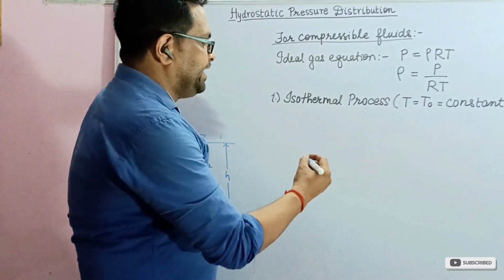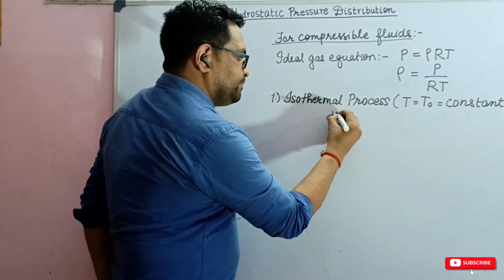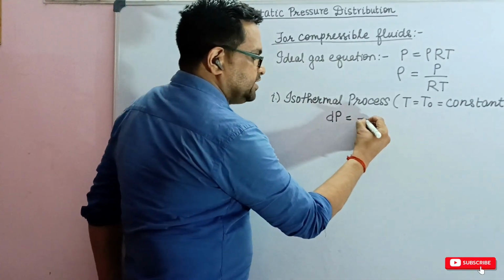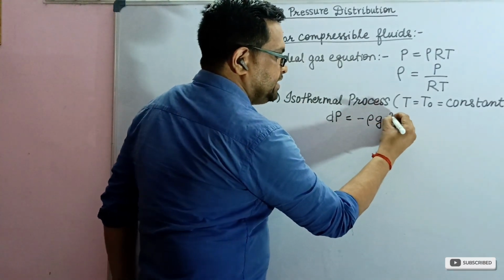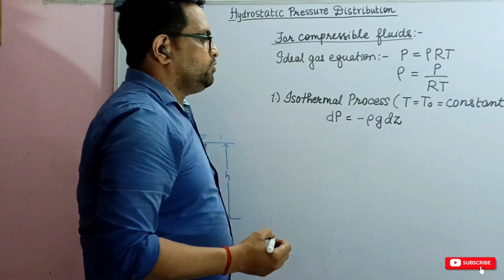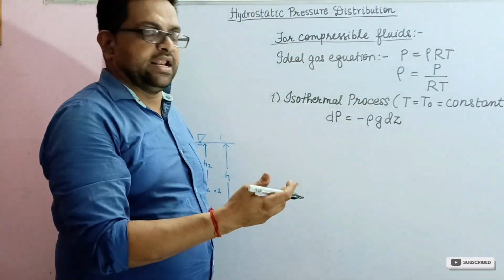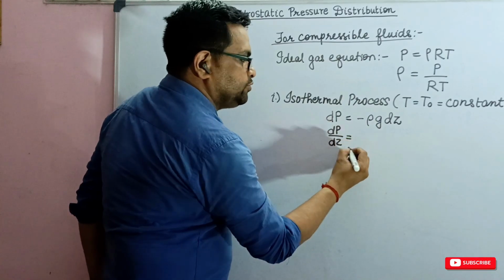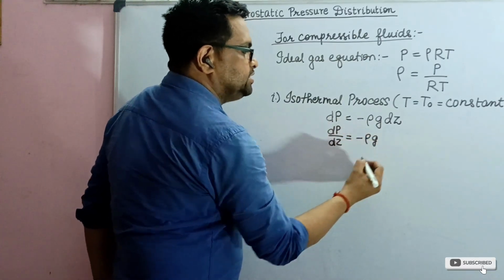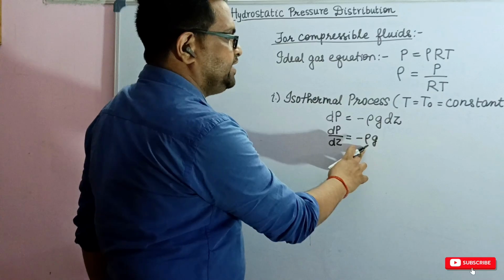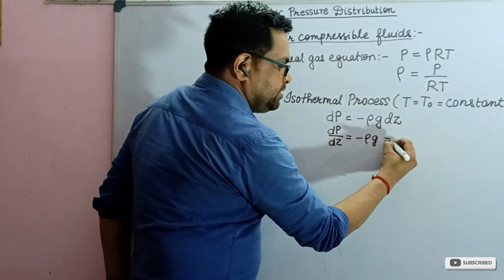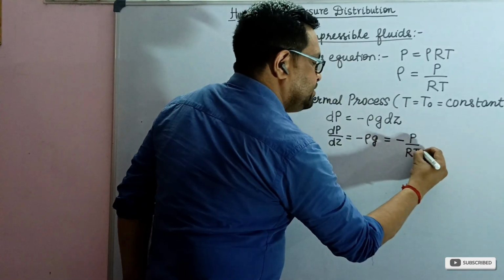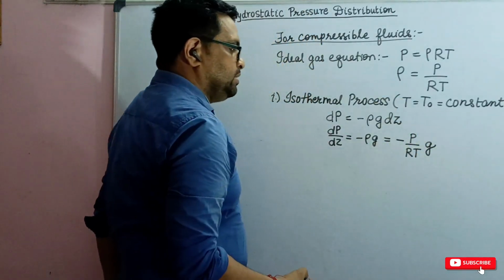So we have dP, according to the equation which we have already got, dP is equal to minus rho g dz. Now dP upon dz will be equal to minus rho g, or substituting the value of density from here, we can write minus P upon RT times g.